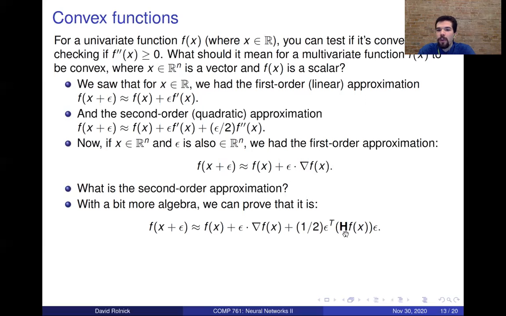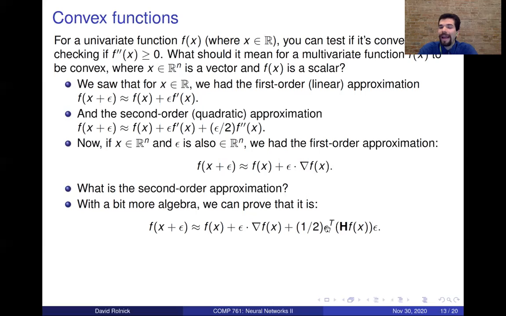So how do we do that? Well, epsilon's a vector. The Hessian is a matrix. Let's multiply epsilon on one side by the Hessian and multiply epsilon on the other side by the Hessian. This is called a quadratic form. What is the dimension of this? Well, this is an n by n matrix. You multiply it by an n by 1 vector, and you get an n by 1 vector.